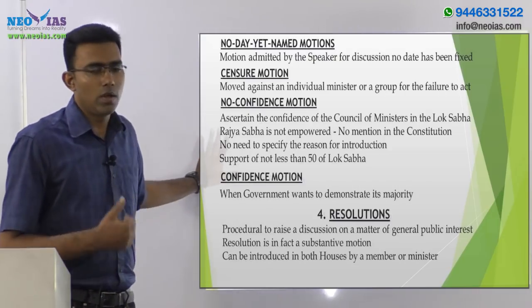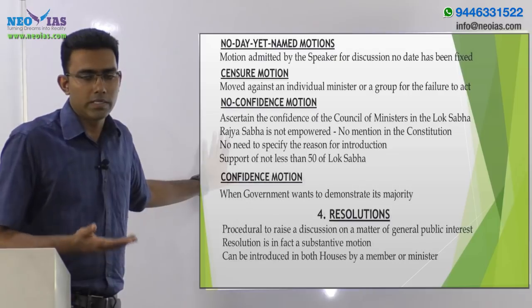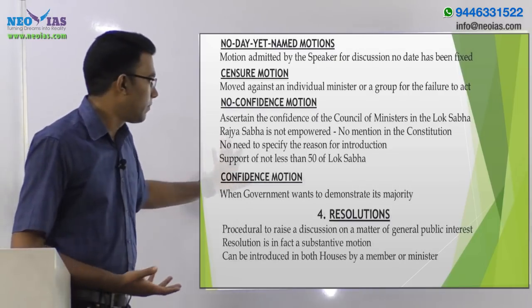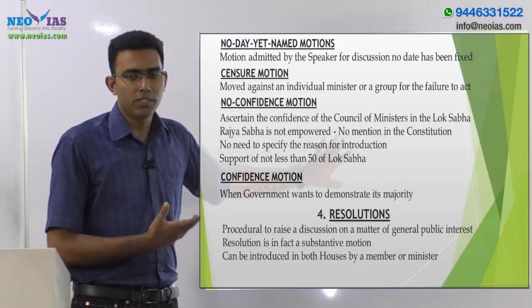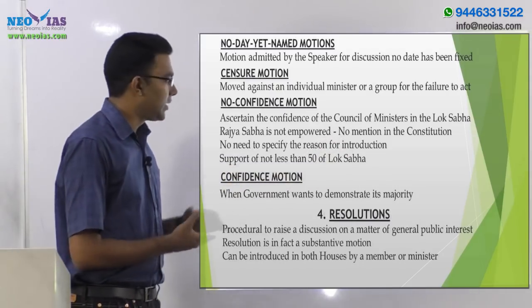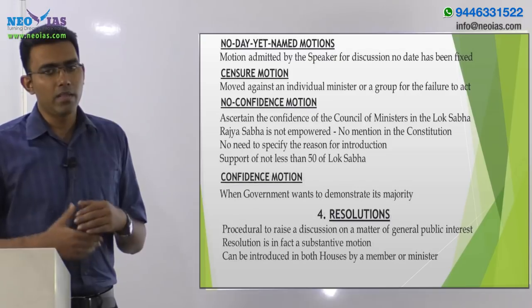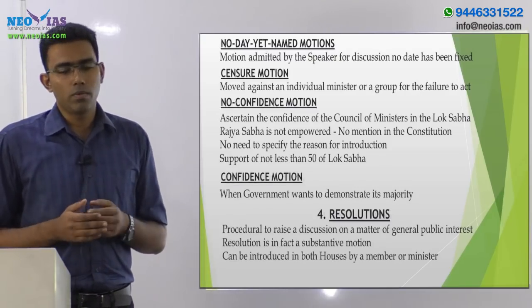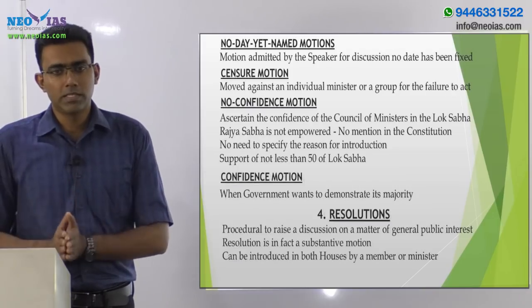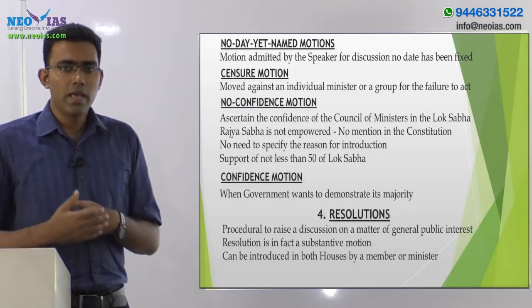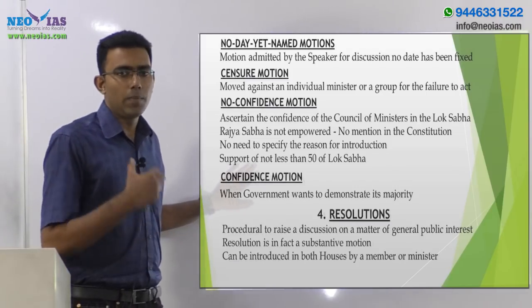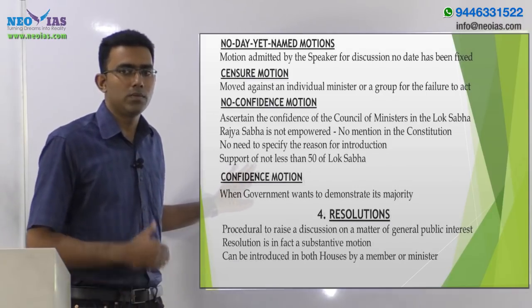And since it is used to test the government in the Lok Sabha, Rajya Sabha is not empowered to use it. There is no mention of this no confidence motion in the Constitution, and there is no need to specify the reason why it is being introduced. As it is a very important motion, and it also disrupts the normal proceeding of the House as well as the government's functioning, it requires the support of not less than 50 members within Lok Sabha.